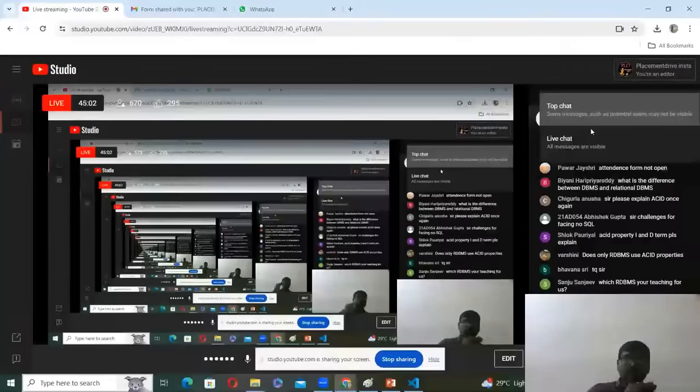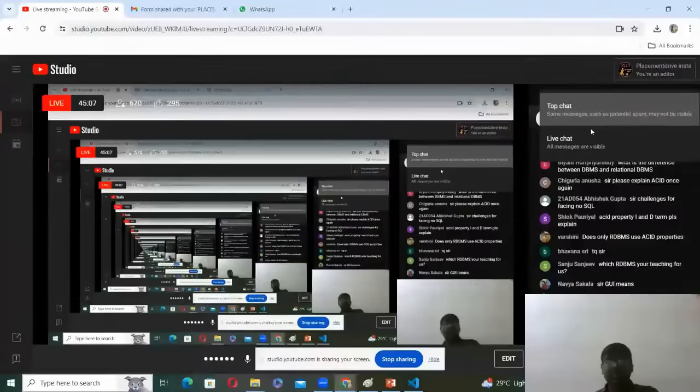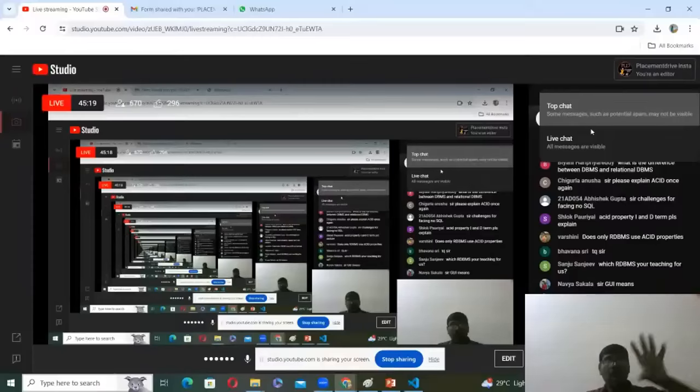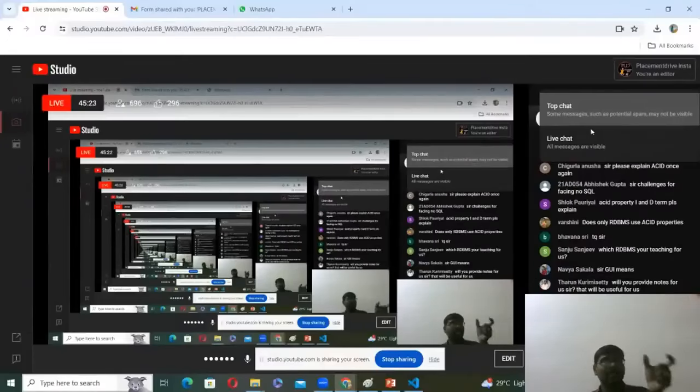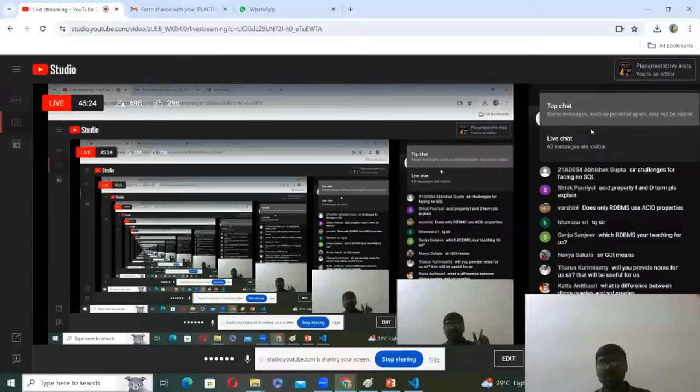MySQL covers all the basic things, and even if you move to admin levels, right now MySQL is sufficient. From tomorrow, we will see how to install and use it, starting from the basic syntax.